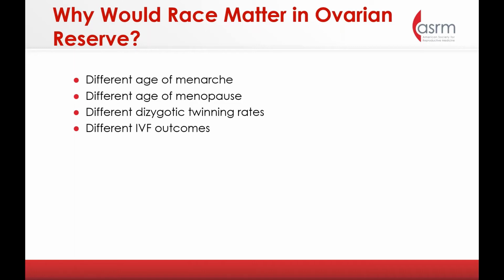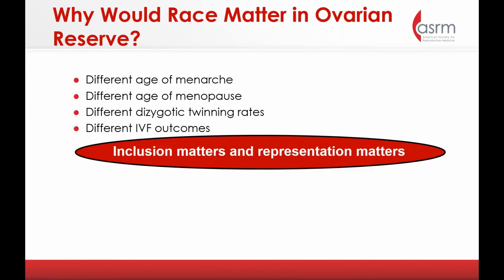And lastly, there's some IVF data that suggests that ovarian reserve may be different across races amongst couples with infertility. The bottom line is that inclusion matters and representation matters in terms of answering that question. And so to get at the bottom of some of those differences, let's start to talk about what we know.